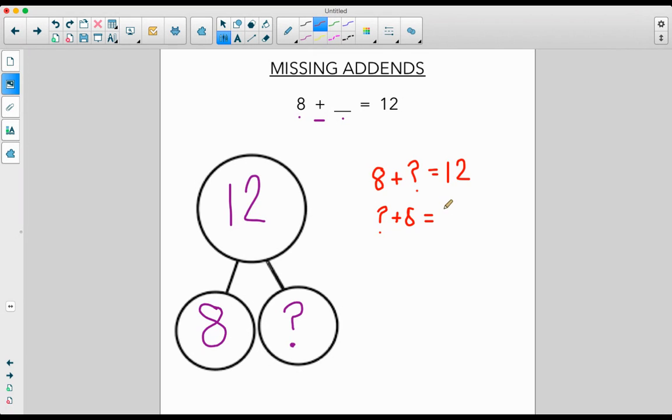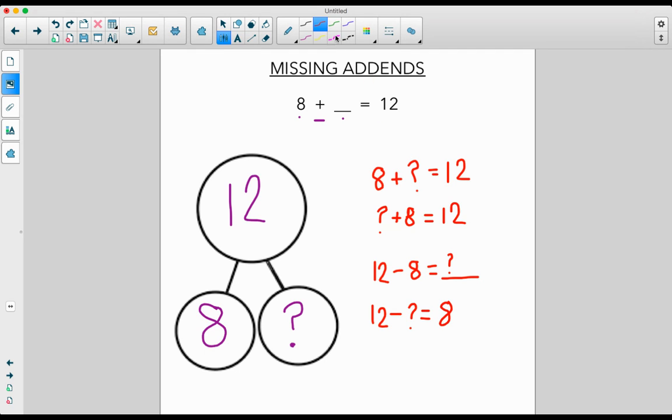No, that doesn't help me. Sorry, that 8's a little weird. It's hard to write on this. The whole being 12 minus 8 could give me something, or 12 minus, sorry, that should have the question mark, something equals 8.